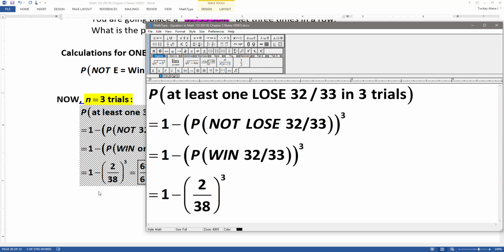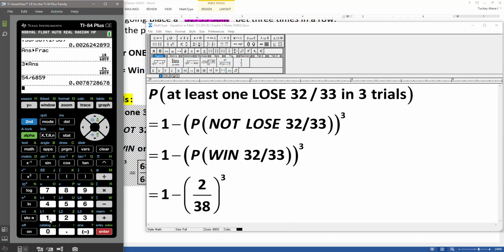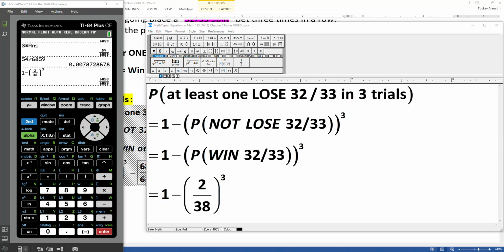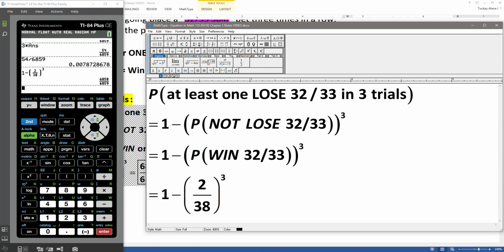Okay, so I just need a calculator. So 1 minus parentheses, alpha F1, hit number 1, 2 over 38. Close your parentheses, square it. Oh, no, not square it. My bad. Let me go back in there with my arrow. Third power. There we go. And I get 6858 over 6859.